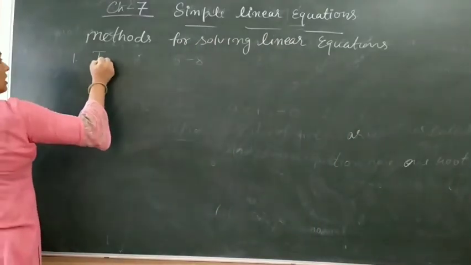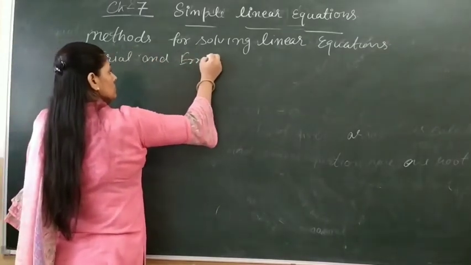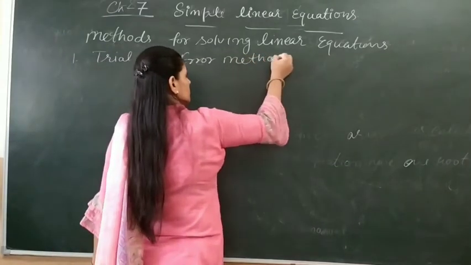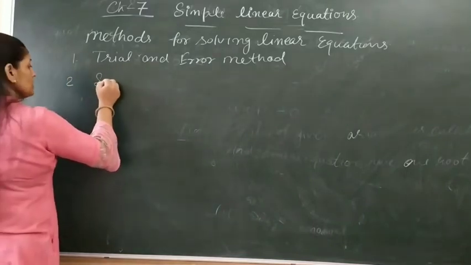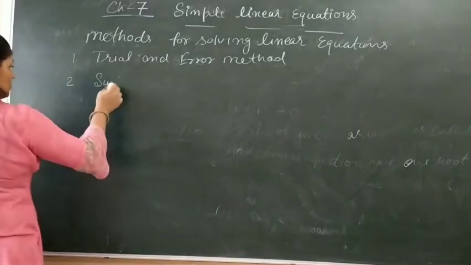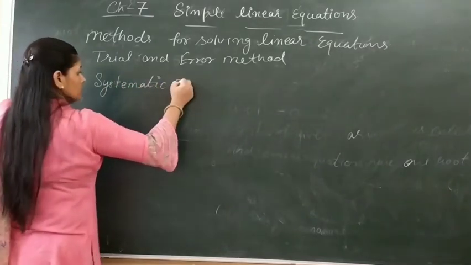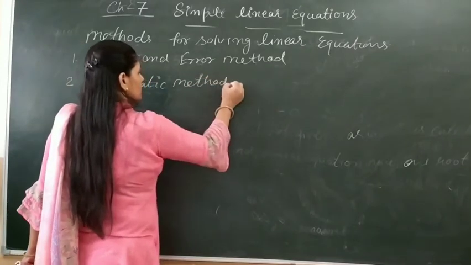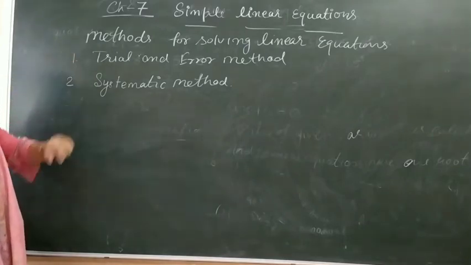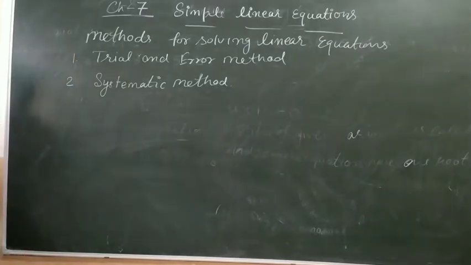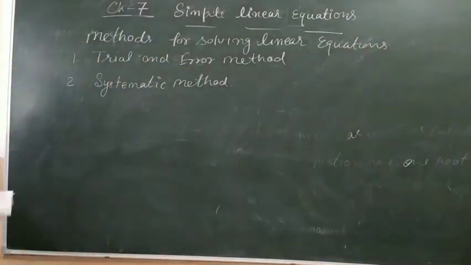First is the trial and error method. Second is the systematic method. These two methods we can use for solving a linear equation. Let's take one example for the trial and error method and the systematic method.